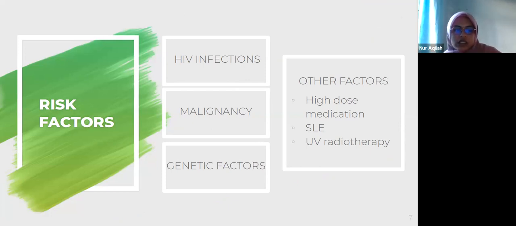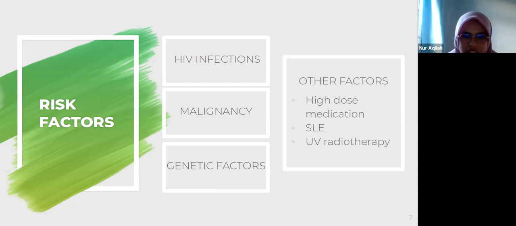Basically, we can see here that most of it involves patients who are immunocompromised. The first one is if the patient has HIV infection. The direct relation between HIV and SJS is not fully understood, but some studies say it may be because HIV patients are predisposed, or due to the multiple drugs they consume, which may increase their risk of getting drug-induced SJS.